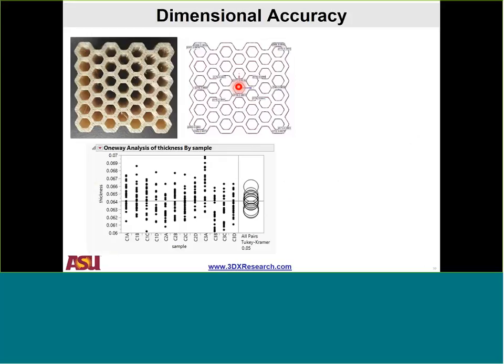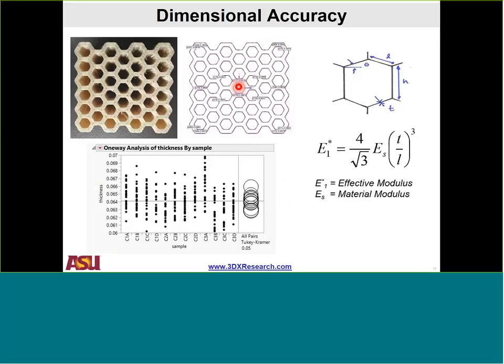The third one is something I've touched upon already, which is dimensional accuracy. I like to show honeycombs because they are the best way to understand this concept in 2D, and then you can extrapolate the concept, if not the mathematics, to 3 dimensions. In 2D, when we look at a honeycomb, we have these wall thicknesses, and I've shown my equation again, where this was supposed to be a 60 thou wall.